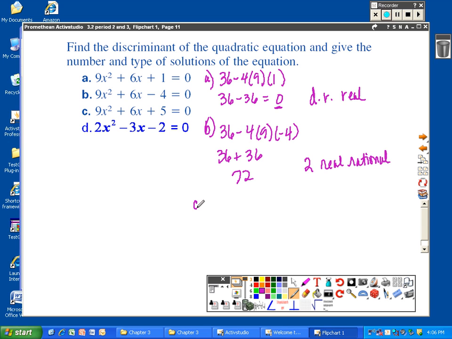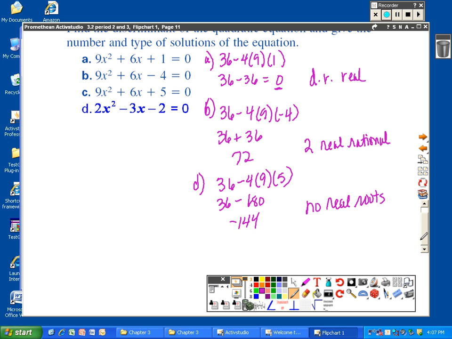Let's try C. 36 minus 4ac. 36 minus 180. Negative 144. Negative, no real roots.